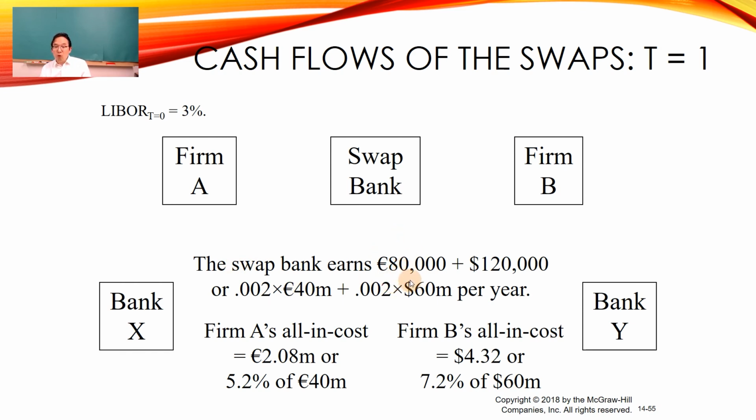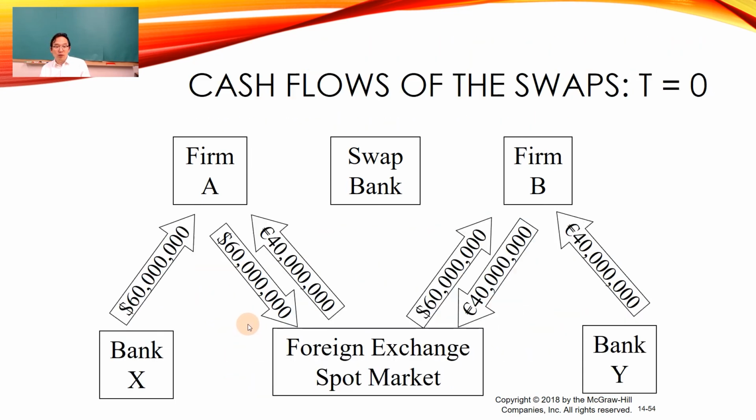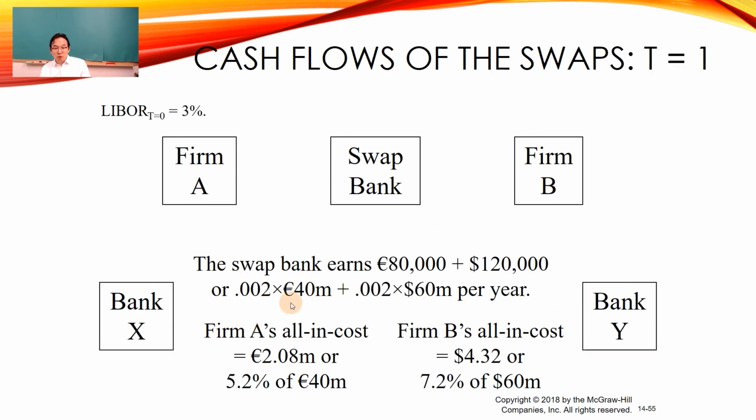80,000 euro from the euro transactions, and then 120,000 US dollars from the US dollar transaction. That is 20 basis points, is that right? Yeah, 20 basis points in euro currency on a 40 million euro notional principal, and also 20 basis points of the notional principal in US dollar terms, per year.